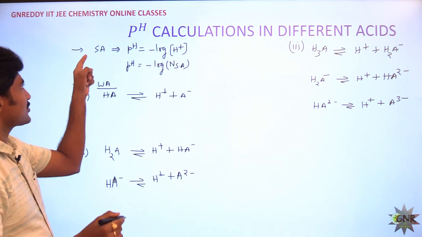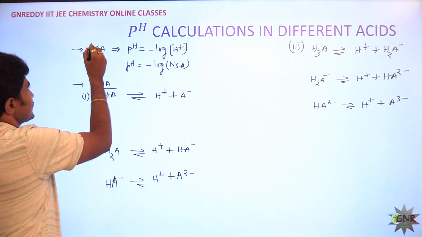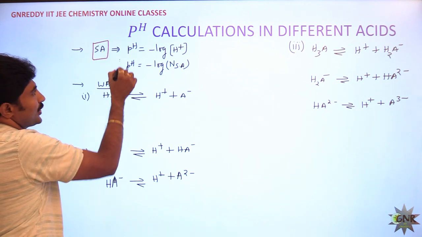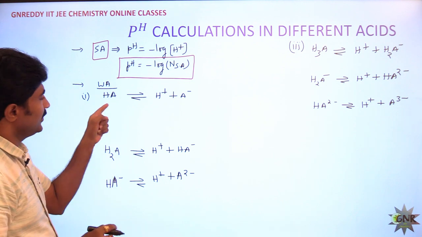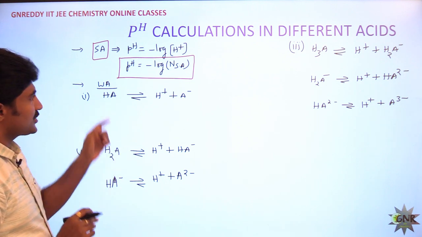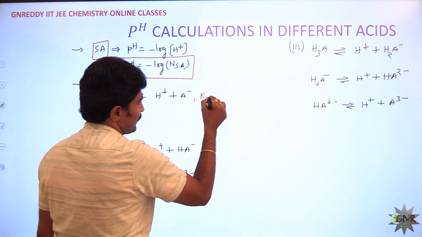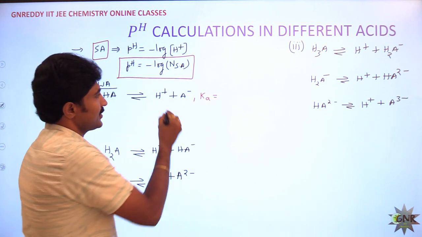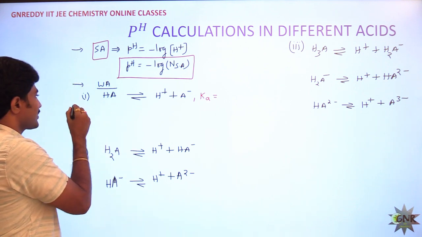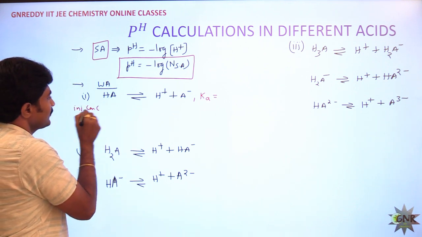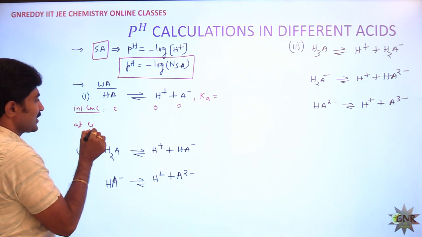If you look at the strong acid, I have already discussed the pH calculation. How do you calculate this? It is minus log of normality of the strong acid. And for the weak acid HA model, there is the acid dissociation constant Ka. So Ka is H plus into A minus by HA. From the initial concentration and the corresponding degree of dissociation, we can calculate.